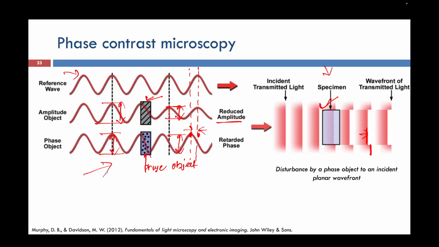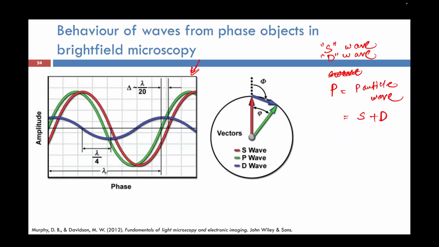Let's consider this scenario. If I am seeing this in a bright field microscopy, what will happen, since this amount will be very less, right? So if I look at the path difference and eventually the phase difference between this particle wave and the S wave, the path difference will not be more than lambda by 20.